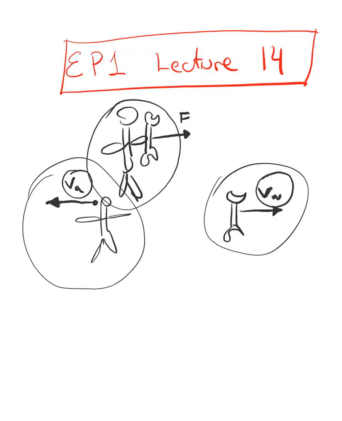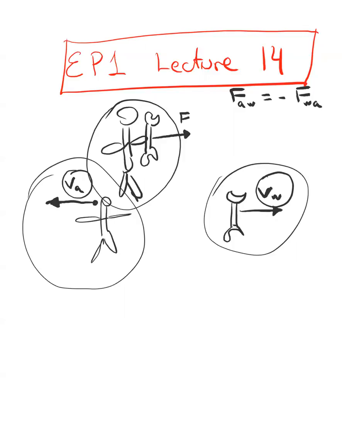So first of all, let's try to understand what's happening here. We have this astronaut applying a force over some time. But we know from Newton's third law that if the astronaut is applying a force on a wrench, then this wrench is also applying a force on the astronaut.